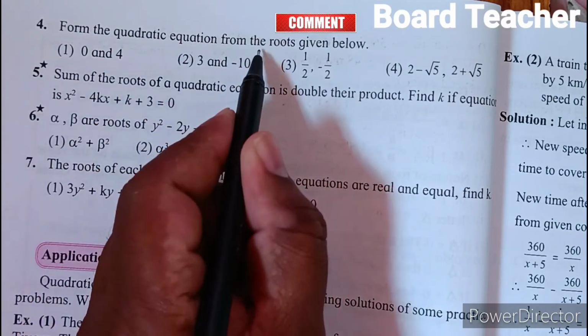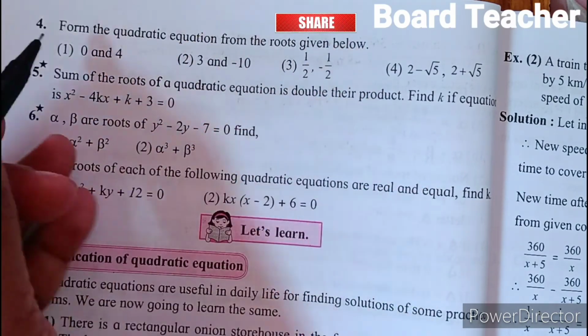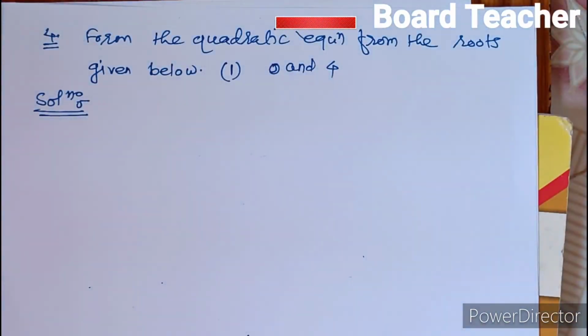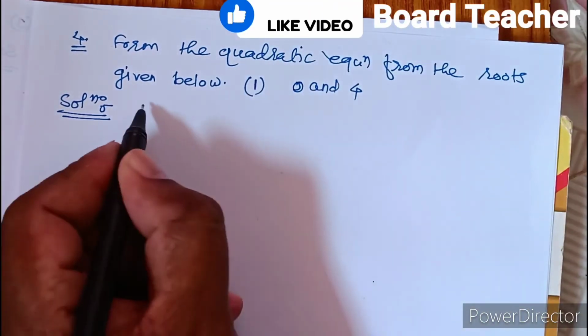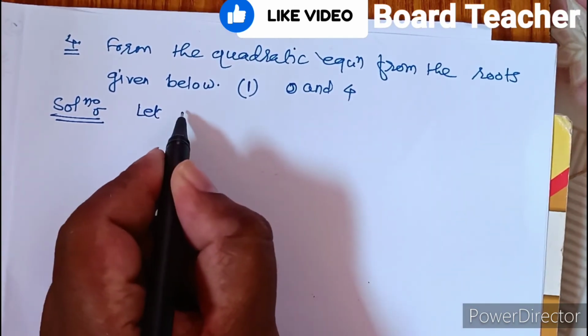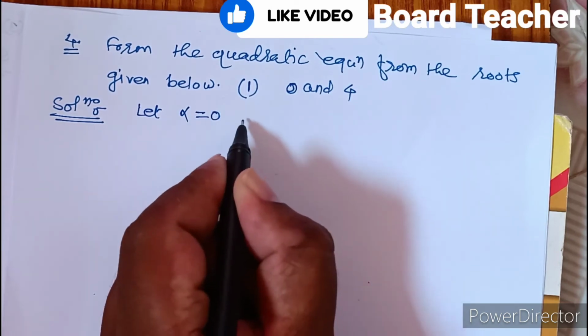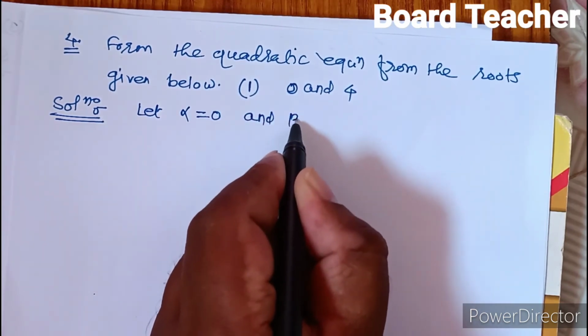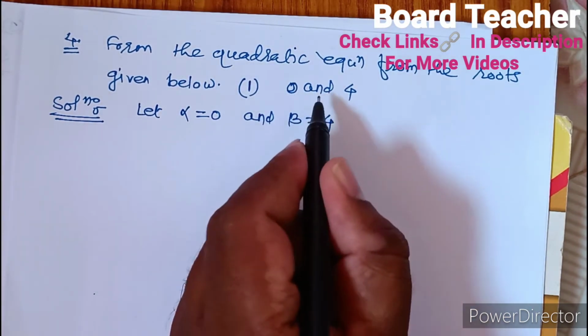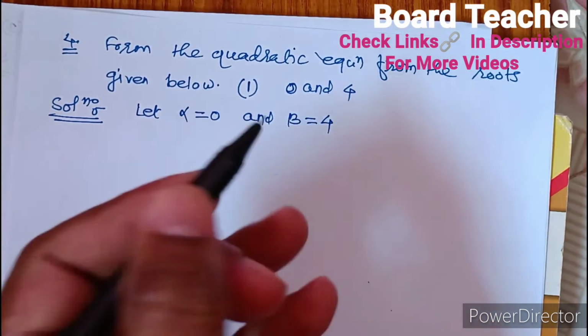Coming to the next question, question number 4. Form the quadratic equation from the roots given below. There are 4 sub questions. Now question number 1, that is the roots are 0 and 4. Let alpha equals 0 and beta equals 4. Now we assume these two roots as alpha and beta.